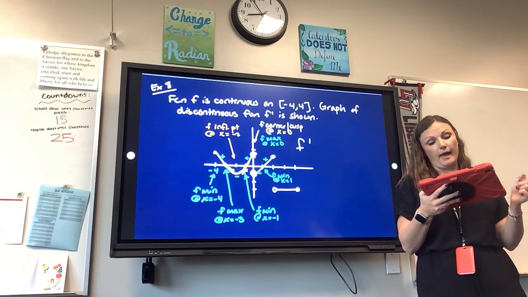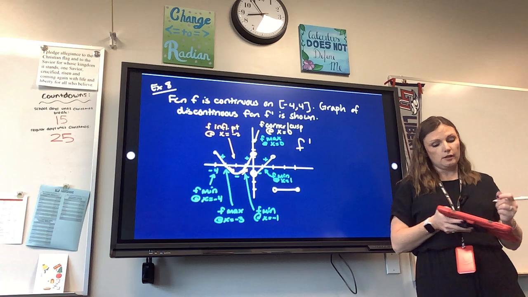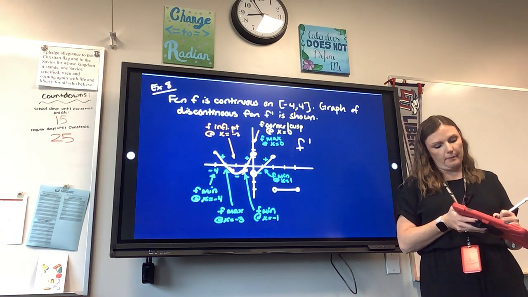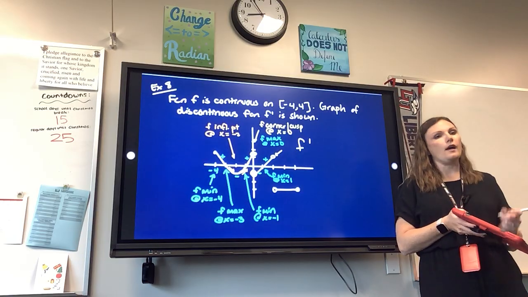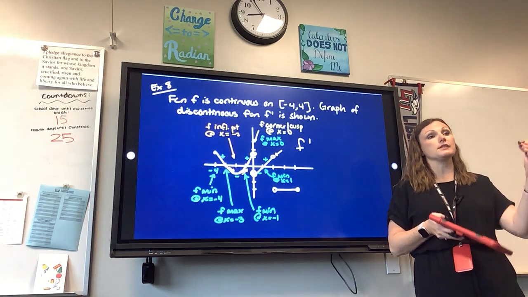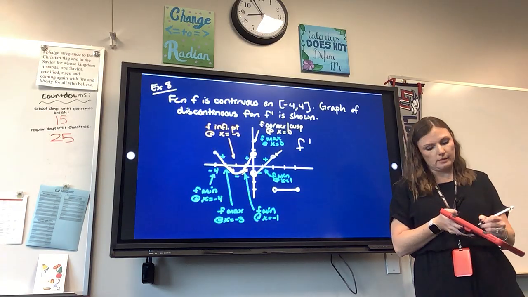Okay. And then at 2, we have another discontinuity. So what is going to be happening at 2? The discontinuity is going to create what? A corner or cusp.